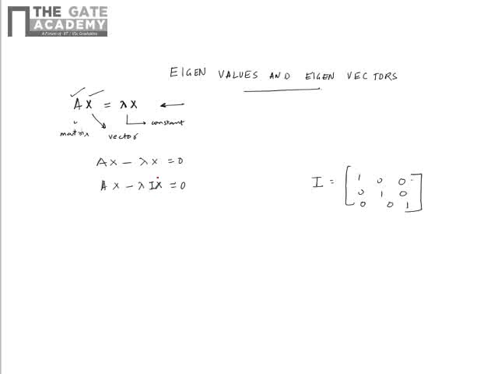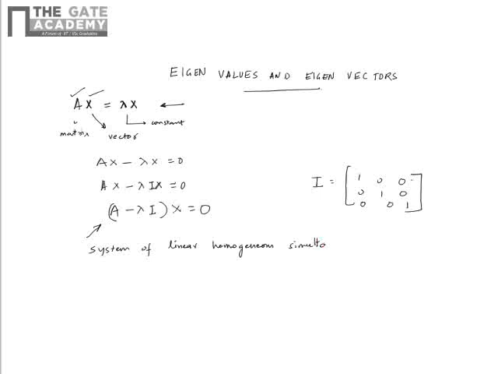Now by the properties of multiplication, I can take A minus lambda I common, so that (A minus lambda I) times x equals 0. Okay, so this is a system of linear homogeneous simultaneous equations.